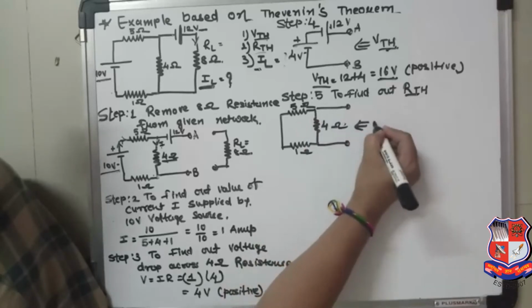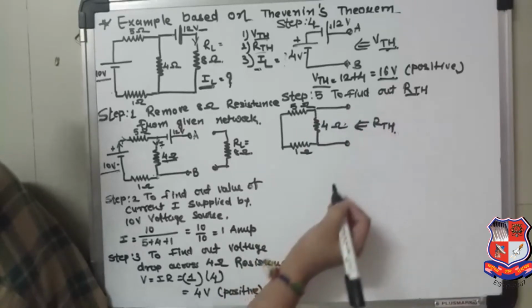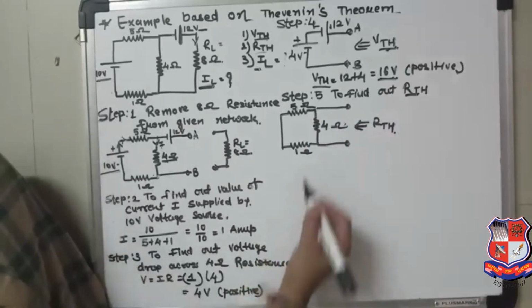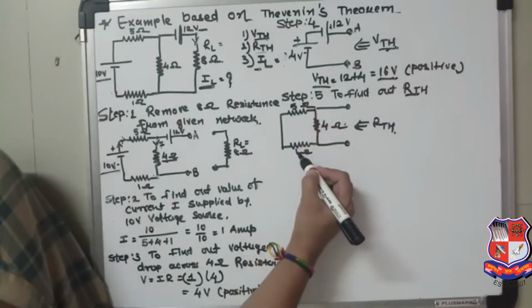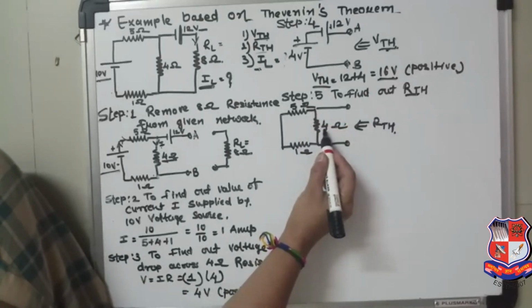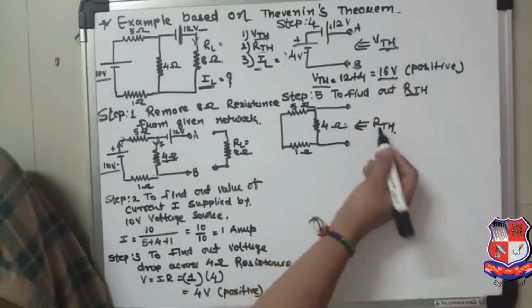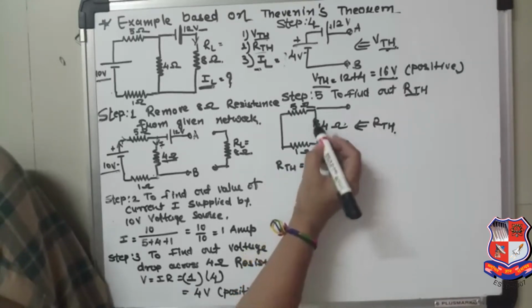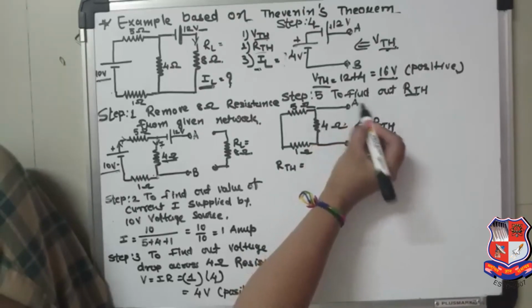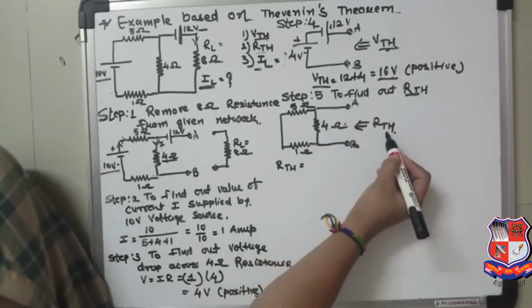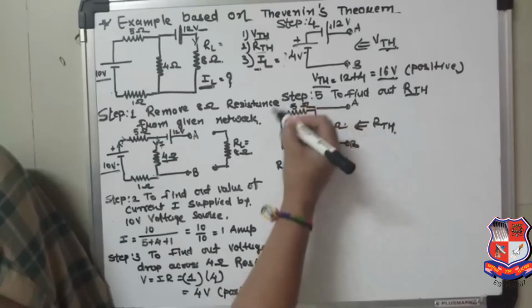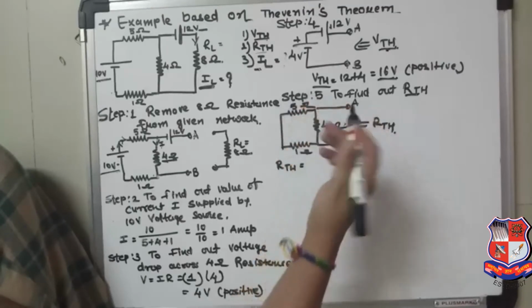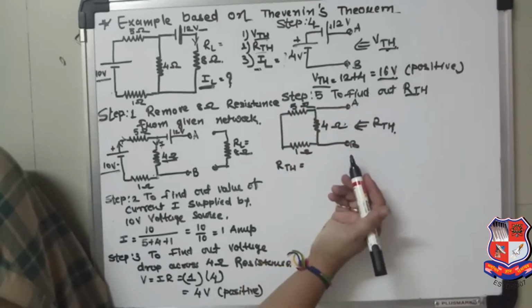Now here RTH. So now see, what is the RTH? 5 plus 1 is 6, and 6 is parallel to the 4 ohm. So the RTH is equal to my 6 ohm parallel 4 ohm, between terminals A and B, that is the equivalent resistance. Now solve this circuit by using the series parallel resistance formula.